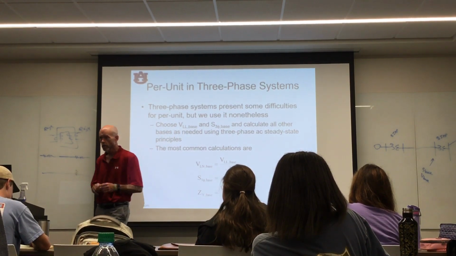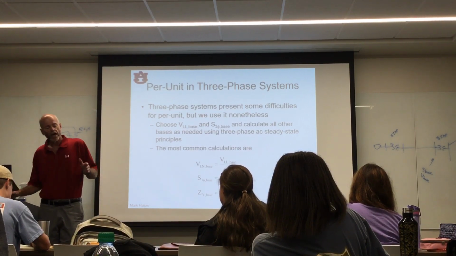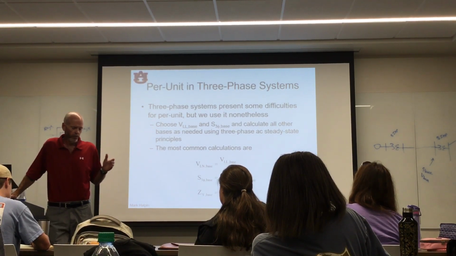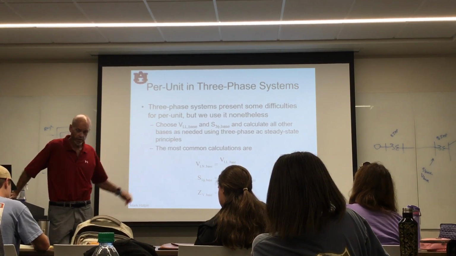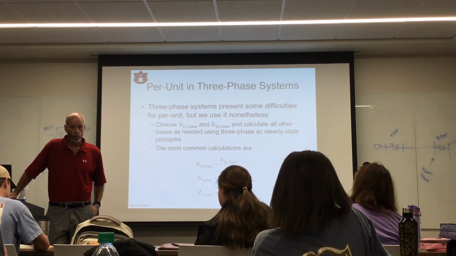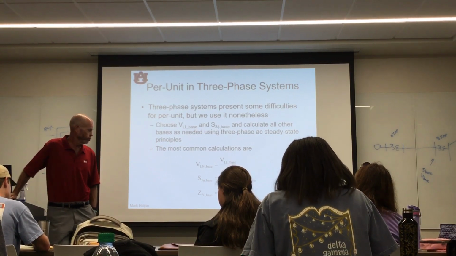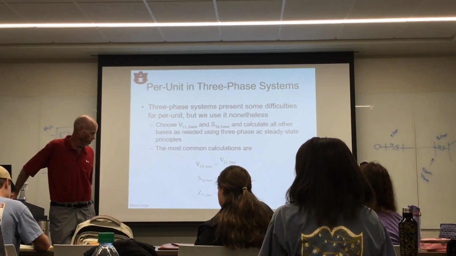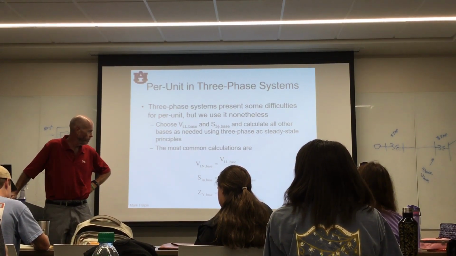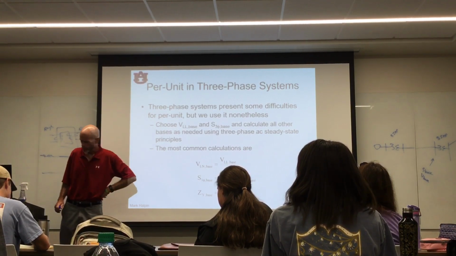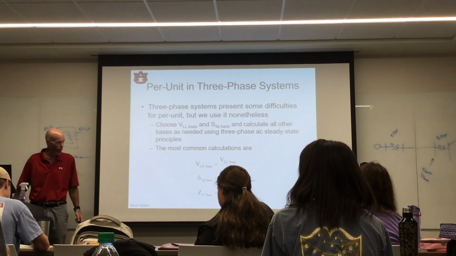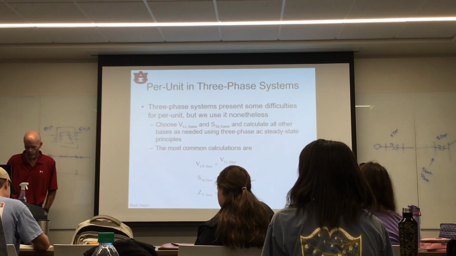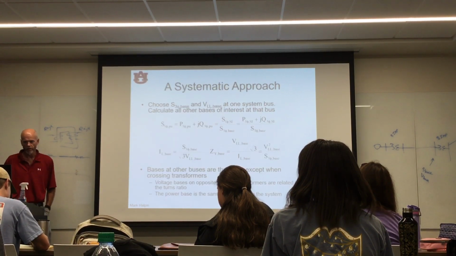Calculate whatever you need using the established three-phase AC circuit relationships like these. And there are lots of others. But in general, these are the things that we need. We don't need a whole bunch of other variations. There are some, and one very handy one we'll use quite a bit, but we'll get there in time.